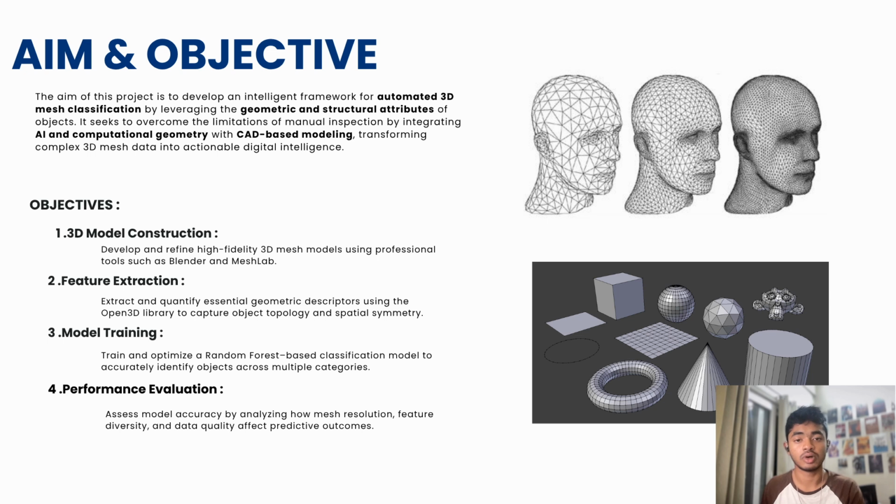The objectives were fourfold: to construct and refine 3D meshes using Blender and MeshLab, to extract key geometric features such as vertices, faces, surface area, and volume using the Open3D library, then to train a random forest classifier that learns patterns across different object categories, and finally to evaluate model accuracy and visualize 3D structures interactively, which we will be going through further in the presentation.